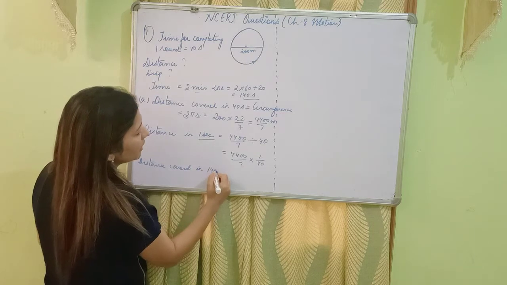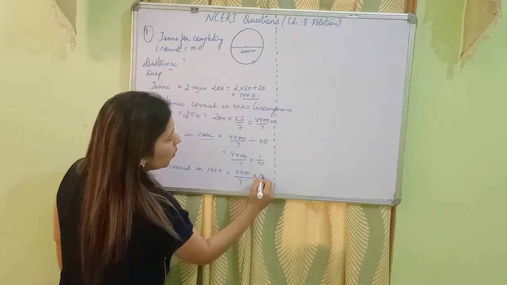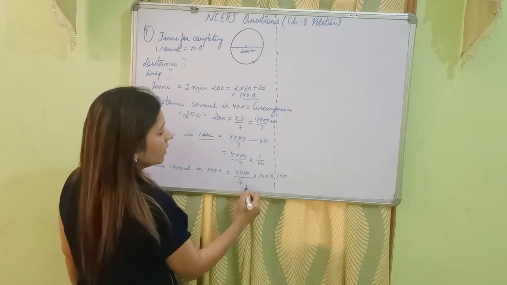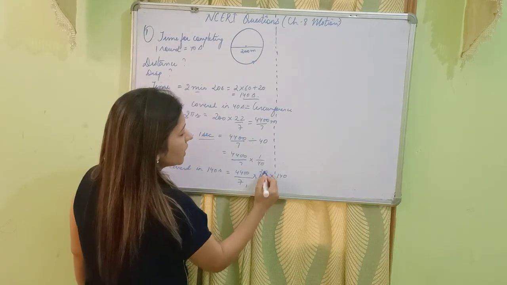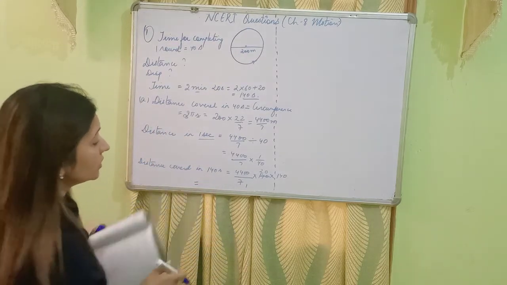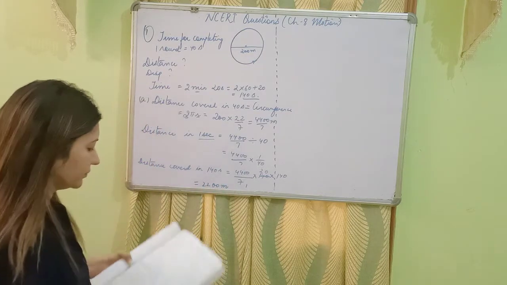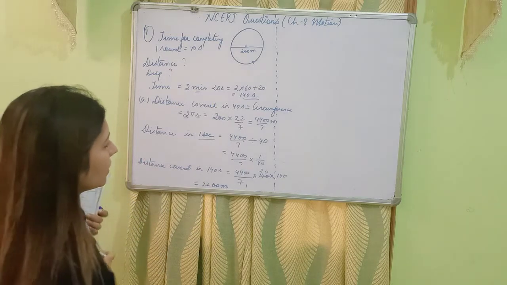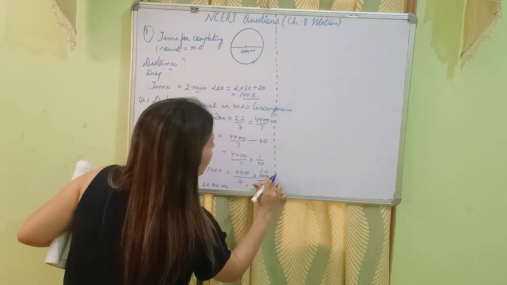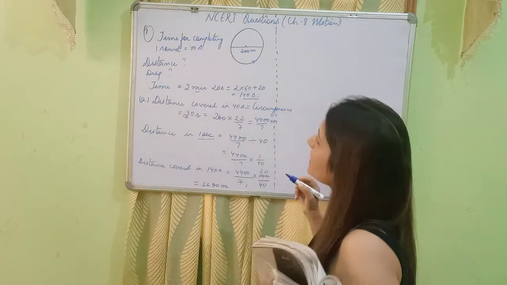Distance covered in 140 seconds is equal to, you'll multiply this by 140. So we'll cut 7 ones are 7, 7 twos are 14. After calculating, this distance comes out to be 140 by 40, sorry, and this comes out to be 2200 meters.